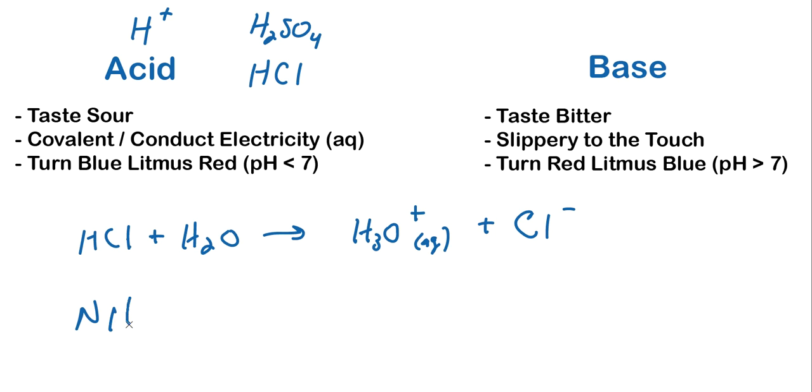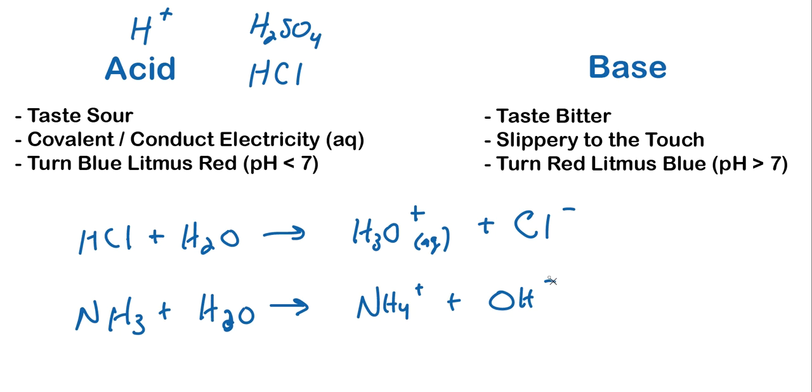So NH3, we add that to water, H2O. Now I'm getting confused. Okay, and so what happens is because it is a base, it is a hydrogen ion acceptor. So it will become ammonium, NH4+, and that'll leave us with a hydroxide ion, OH-.